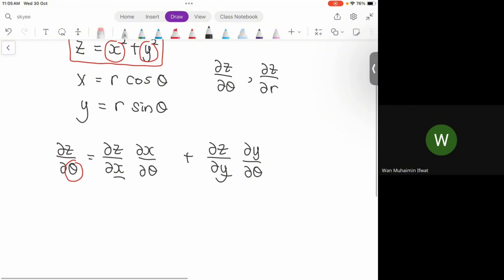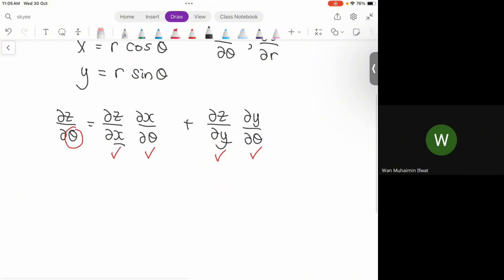By looking at this chain rule equation, you will be clear what kind of partial differentiation you need to perform. You need to find del z del x, del x del theta, del z del y, and del y del theta. Let's find del z del x.